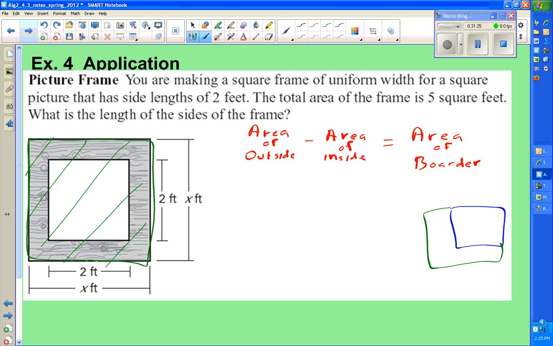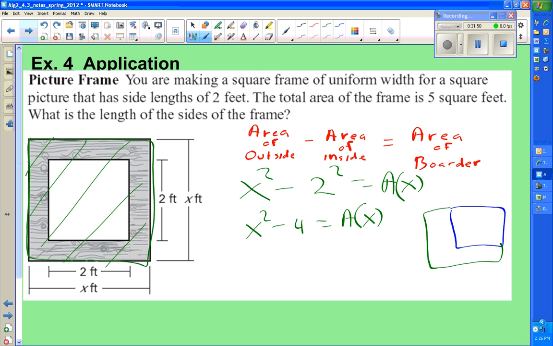And it's the same measurement in the border. Oh, it's 2 feet by 2 feet on the inside, x by x on the outside. So x squared minus 2 squared equals the area of the border, A of x. So you have x squared minus 4 equals the area of the border.